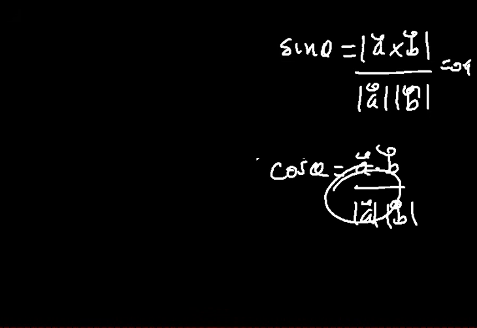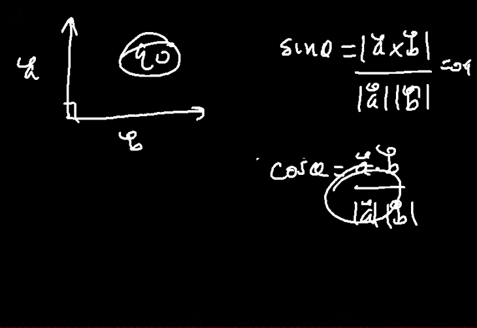Now, if two vectors are perpendicular, it means the angle between them is 90 degrees. Let's say this is a vector A, this is the vector B. These vectors are said to be perpendicular, which means if you calculate the angle between the two vectors, it is 90 degrees. It means the vectors are perpendicular, or we call them orthogonal.